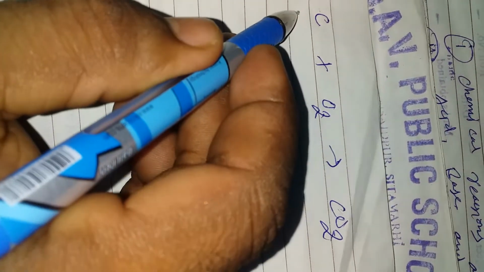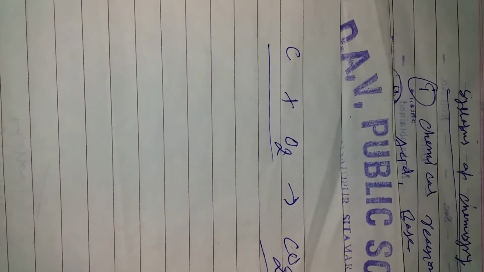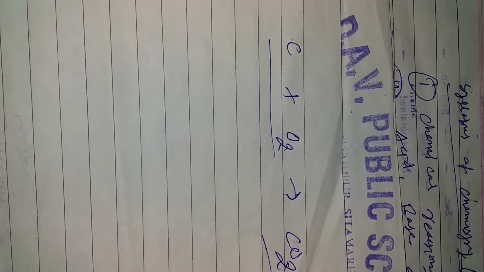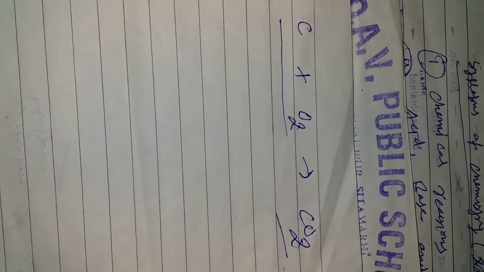In this equation, we also see that carbon and oxygen are reactants and carbon dioxide is product. Left hand side is reactant and right hand side is product.